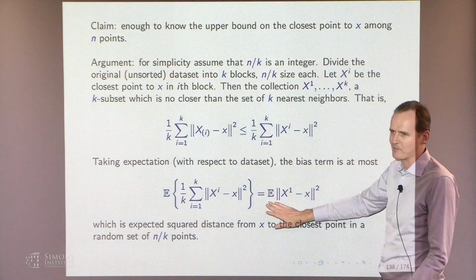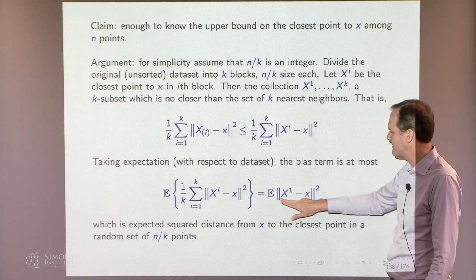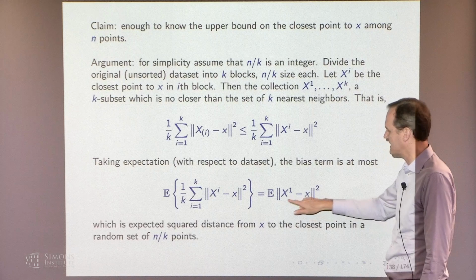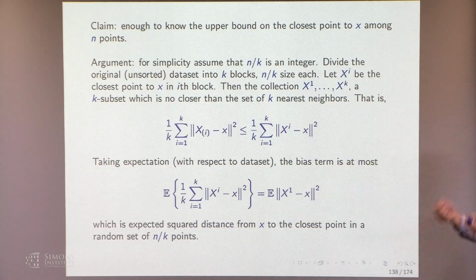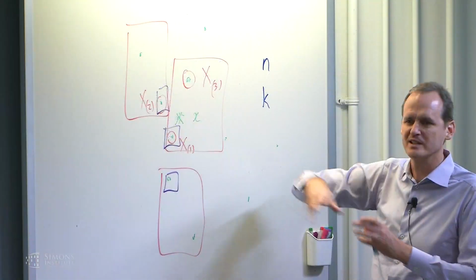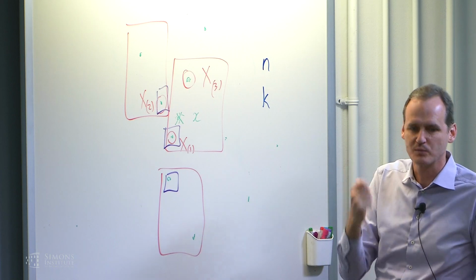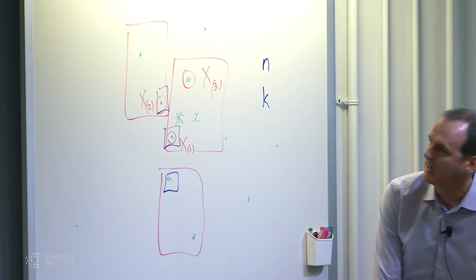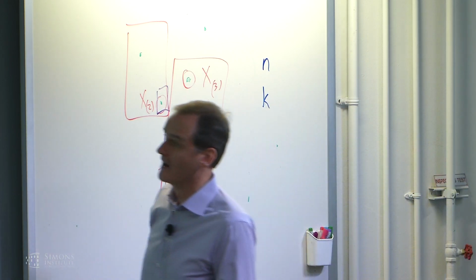So this is just to simplify our problem, right? It means we only need to care about the expected squared distance between x and the closest point in a random set of size n over k. We just need to pick that one closest point. So we're getting away from the k nearest neighbors to just what's the one nearest neighbor. And this is where I wave my hands.